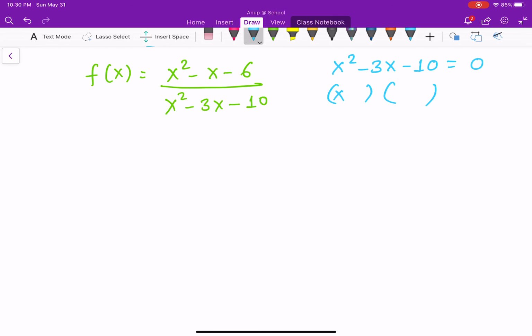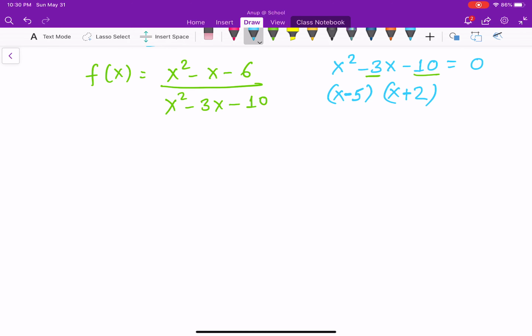I have x squared, so x and x I can write down as the first terms of the factors, and at the end I have negative 10, and in the middle I have negative 3. So try to think of two numbers whose product is negative 10, but when you combine them you get negative 3. Can you think of that? Okay, so negative 5 and positive 2, right?